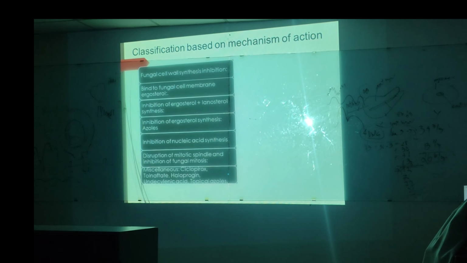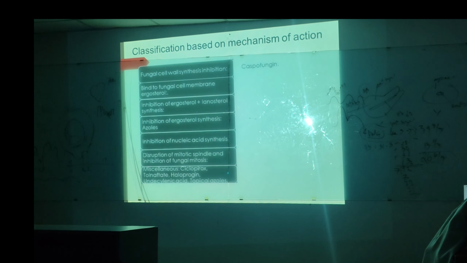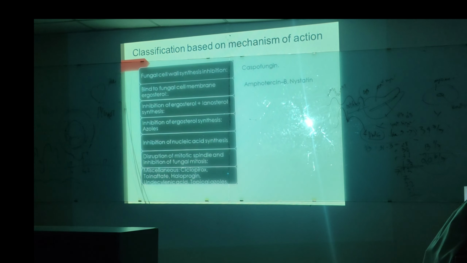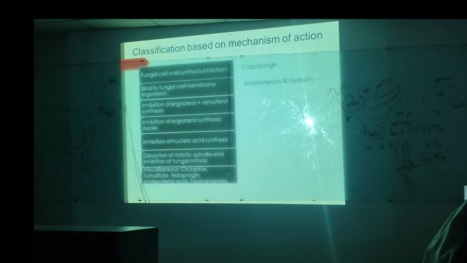Okay, so antifungals are classified based on their mechanism of action. Your caspofungin, fungal cell wall synthesis inhibition, so they are known as fungal cell wall synthesis inhibitors. Then your amphotericin B and nystatin are the ones that bind to the fungal cell membrane ergosterol, creating a pore.